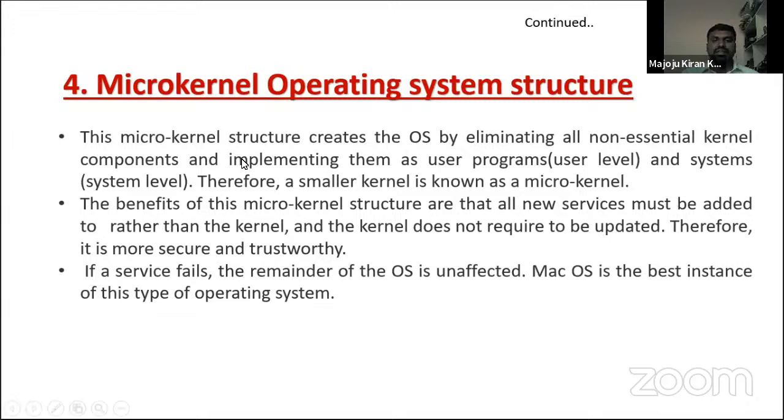And let us see another structure of the operating system, that is the microkernel operating system structure. See, in the microkernel operating system, we combine some non-essential components into one unit called a microkernel.